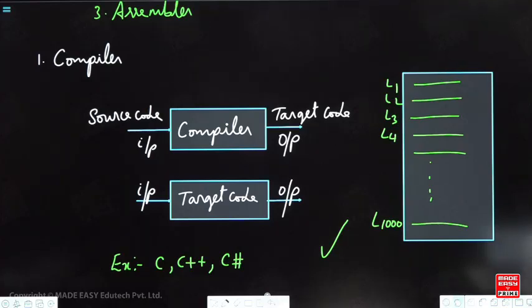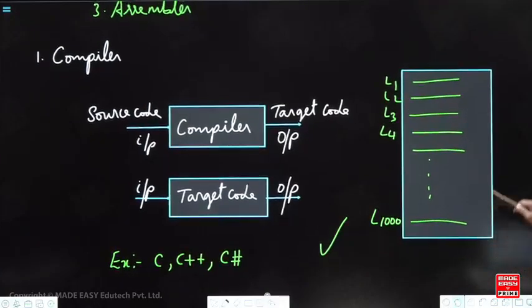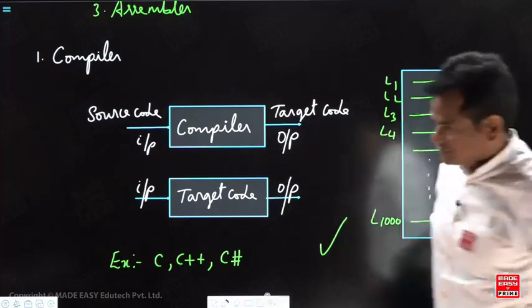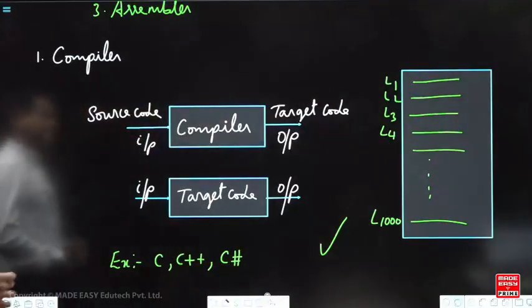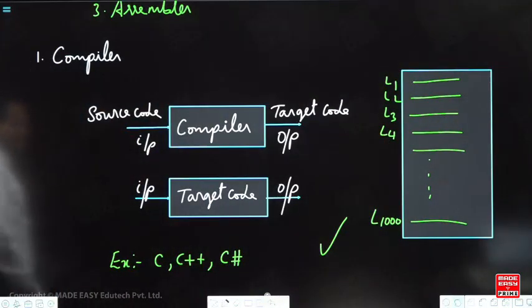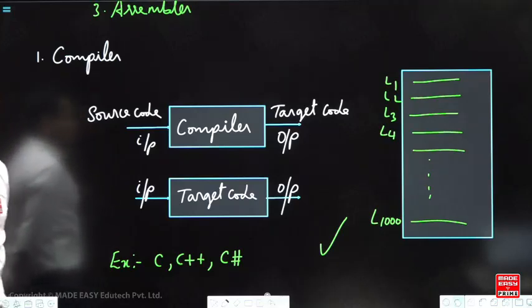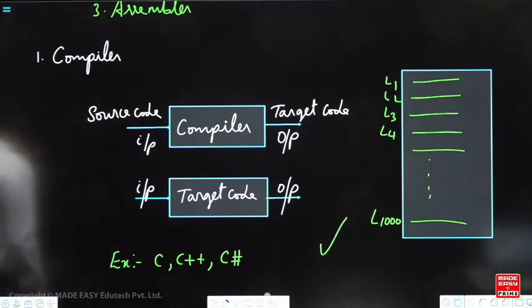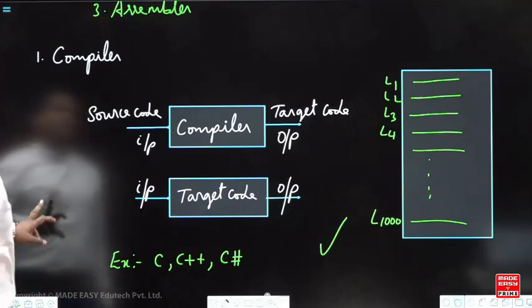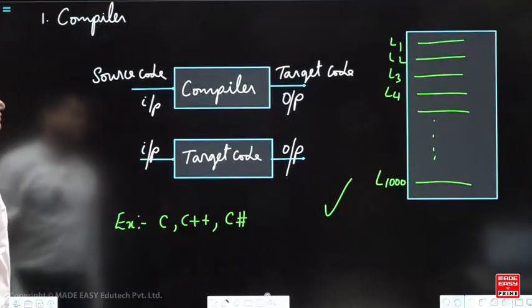Okay, I'll explain this point one more time once we complete the interpreter. Take the example of C, C++ and C#. So this is the diagram. If you copy this one, then I'll go to the interpreter. Done? Okay. Next.